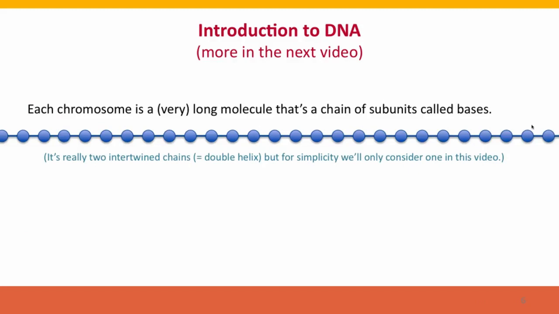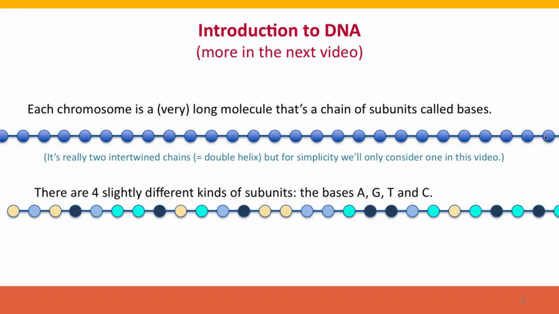Now, quick refresher of information about DNA. All of our genetic material is organized into long molecules called chromosomes. And these long molecules are chains of subunits called bases. So it's a long chain. And in the DNA and other informational molecules, the bases aren't all the same.